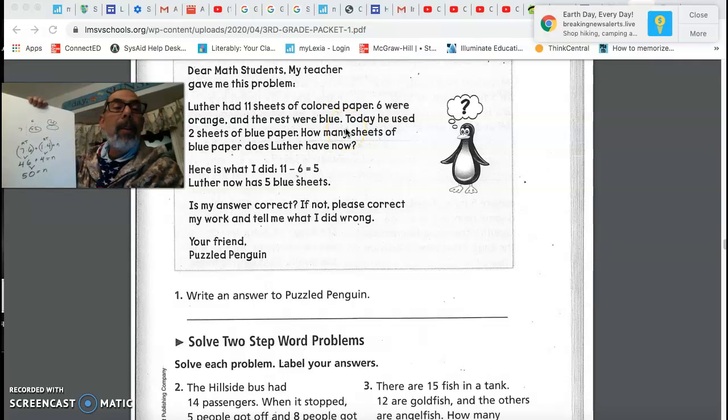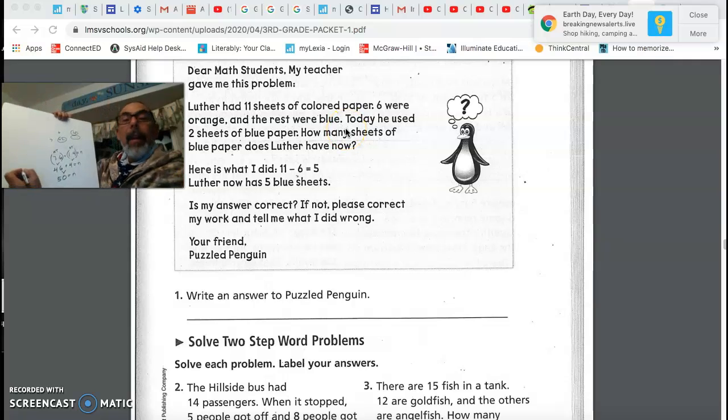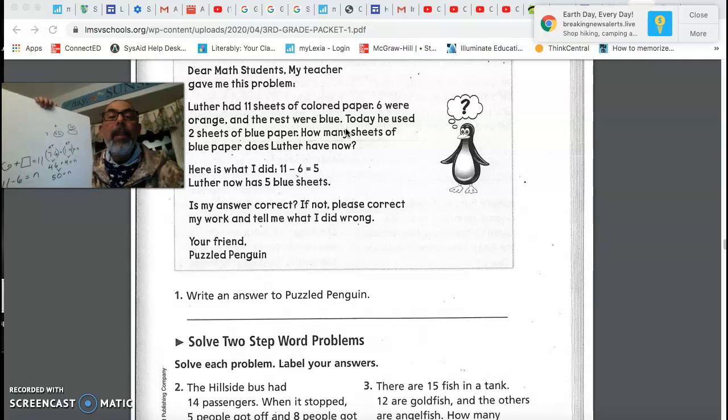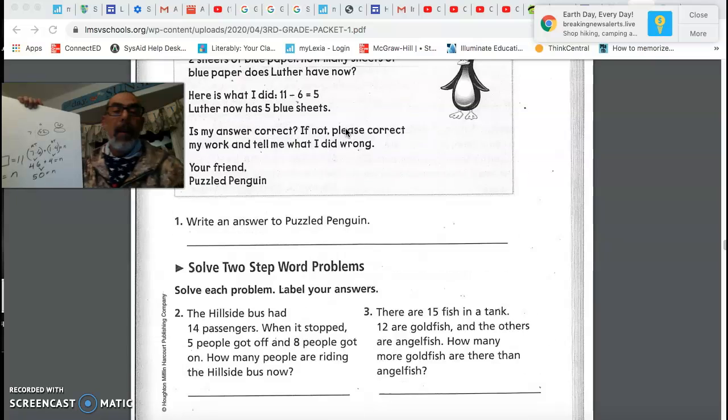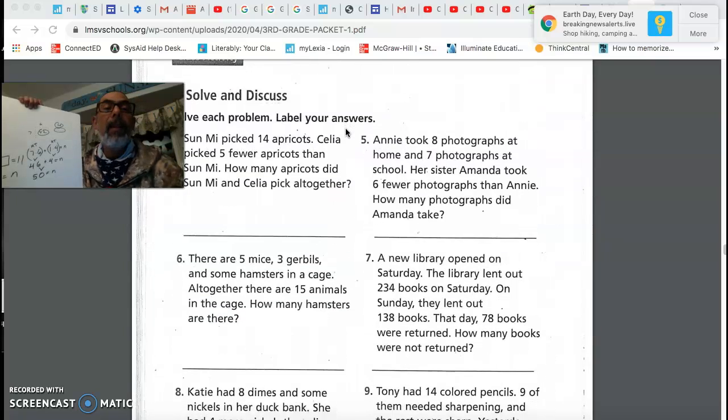So this equation is going to look like 6 plus what number equals 11. That is really important. Not 11 take away 6 equals the answer. So your child's going to have to provide the reason why Puzzle Penguin is incorrect. Let's see, the last one.